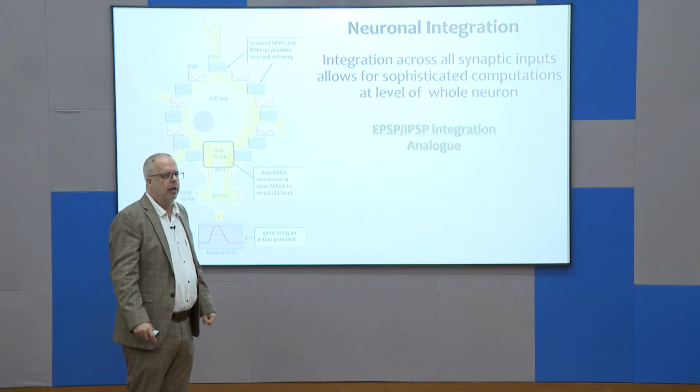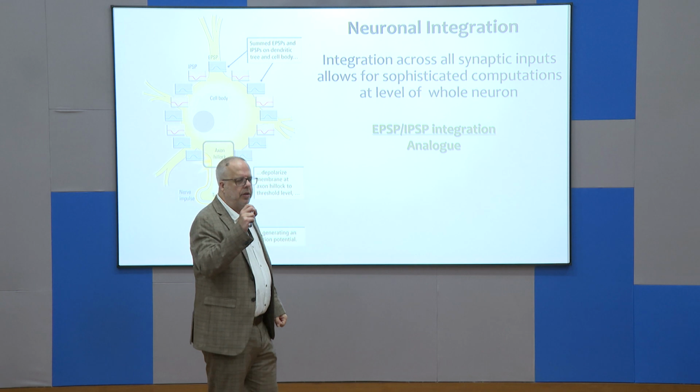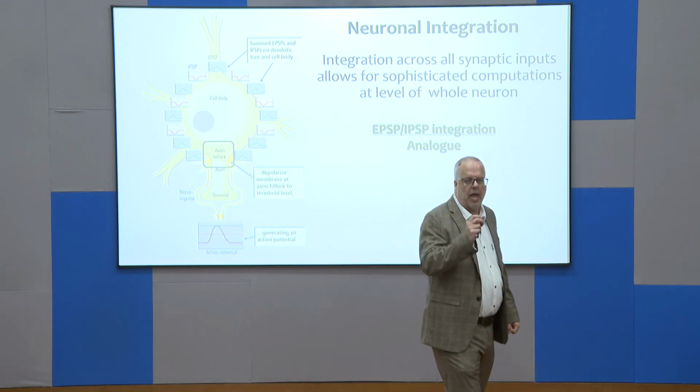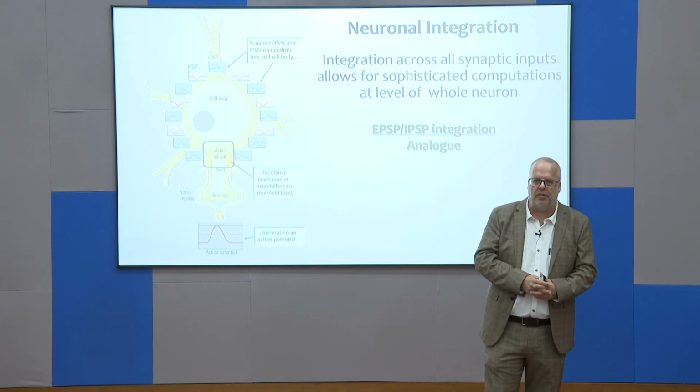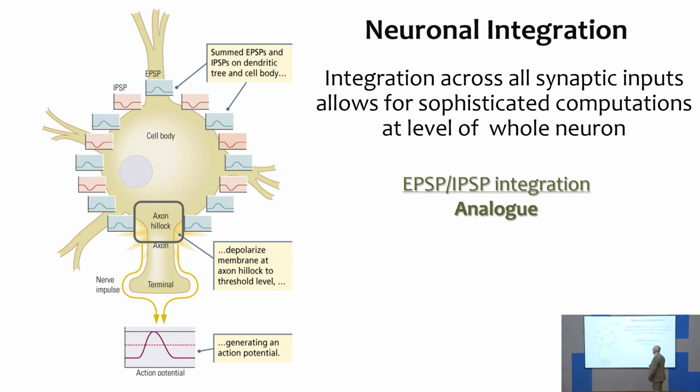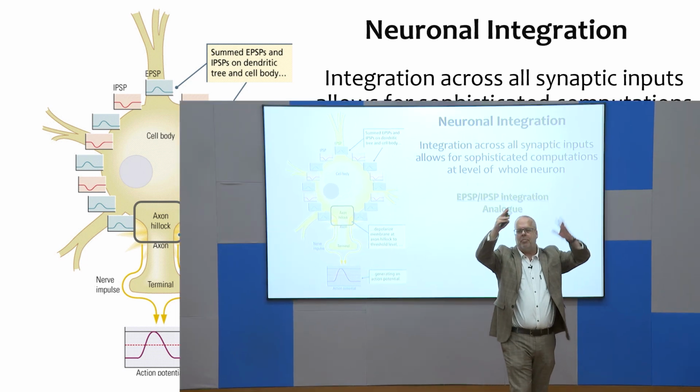But we have to keep in mind the quantity, the overall number of those synapses: 10,000 synapses, 100,000 synapses. So here's the way you can think about it. At each of those synapses, every time an action potential occurs, we have an EPSP that leads to depolarization or an IPSP that leads to hyperpolarization. Some positive, some negative.